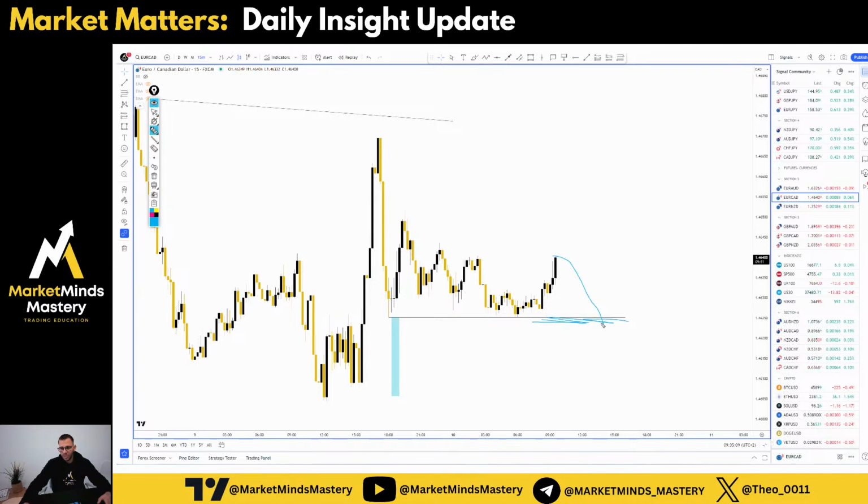If price breaks below here, the room of opportunity is from here to there. So there is plenty of room to make some profits. So better we wait. I will never attempt to sell at any point here. I will attempt to sell only on a breakout of a swing. And if there is opportunity, then definitely I will get involved with that one.